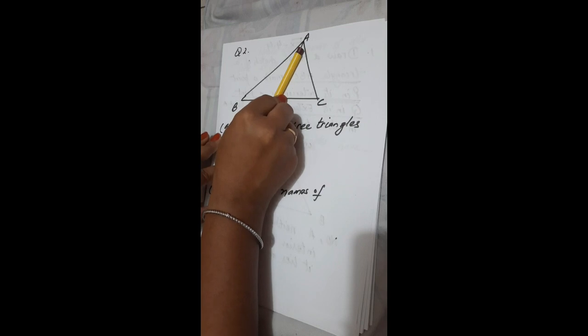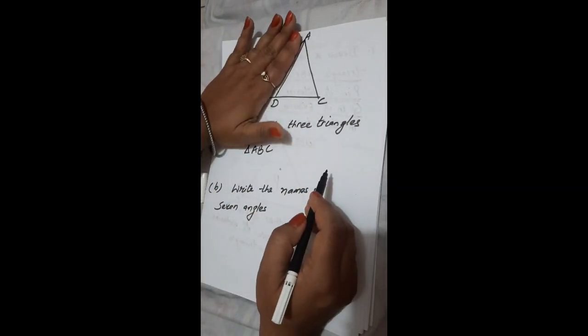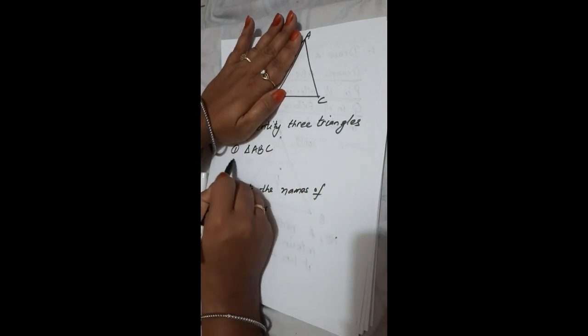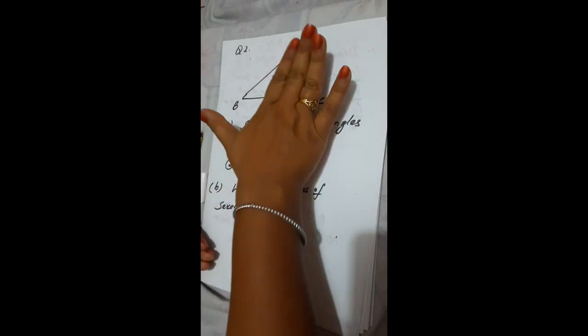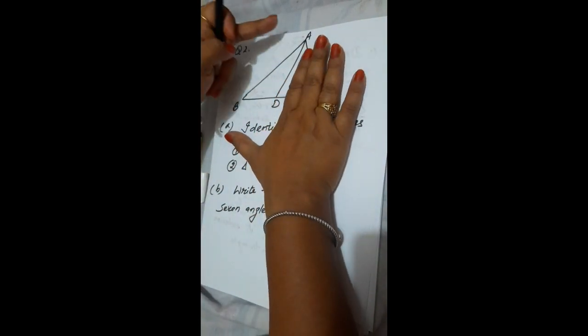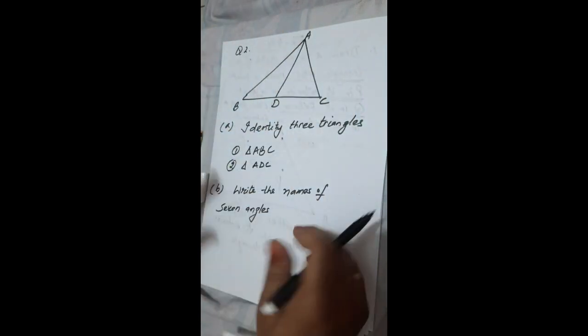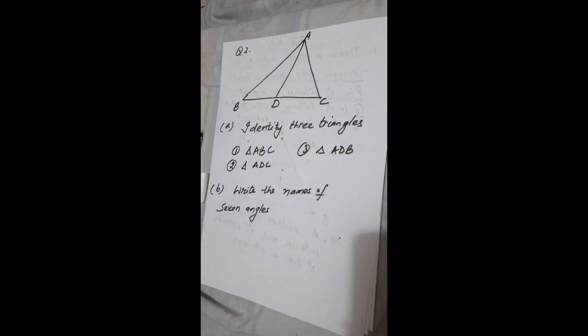Now next we have this ADC, the second triangle. The third one is triangle ADB. So these are the 3 triangles.